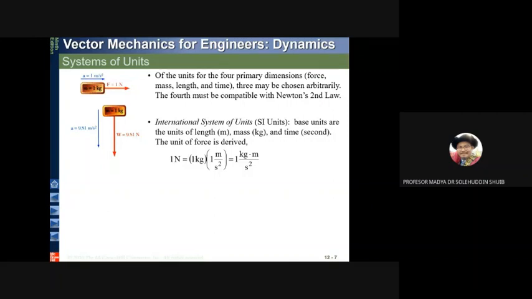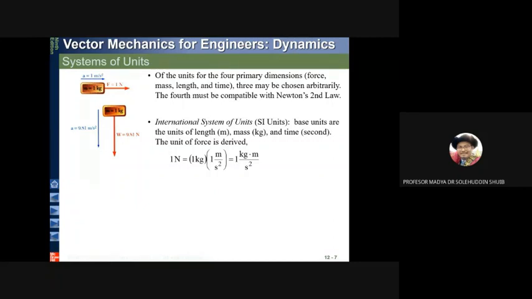Again about the units, for SI and also the units for US customary. So there are four primary dimensions in this chapter. First of all, force, and then mass, and then length, and then time.